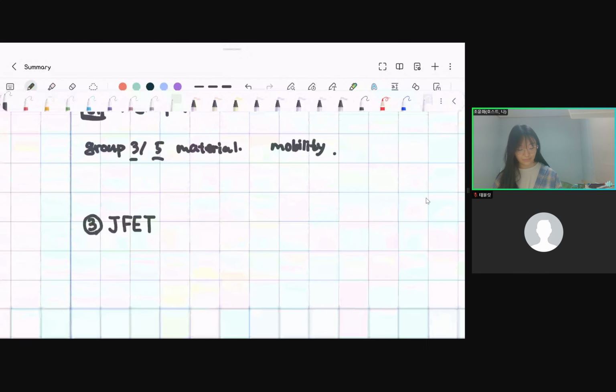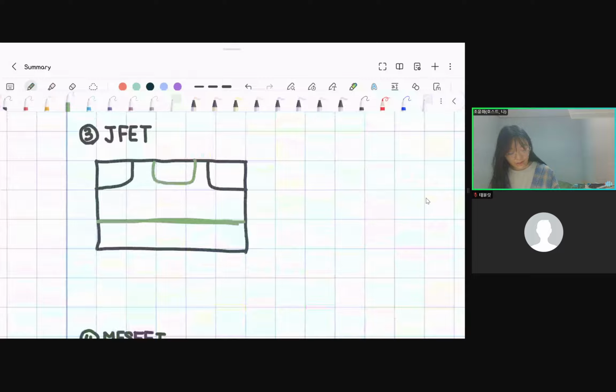The third is JFET. A JFET is similar to the MOSFET, but the different thing is that there are a lot of junctions. So let's see the JFET construction. In the N-type JFET, there is a drain and source like here. And the different thing is they have another junction in the middle between source and drain and at the bottom of the substrate.